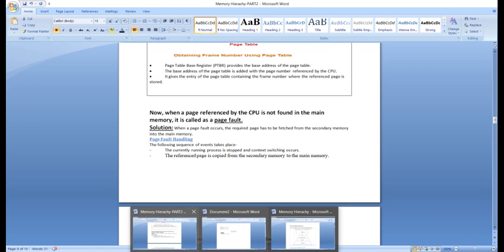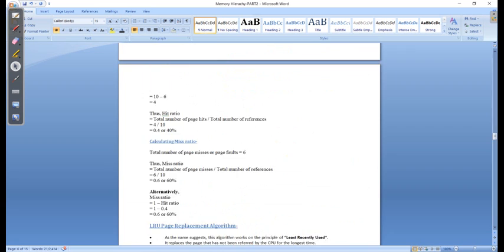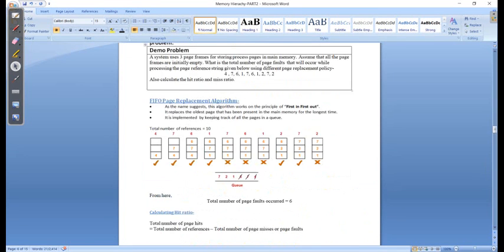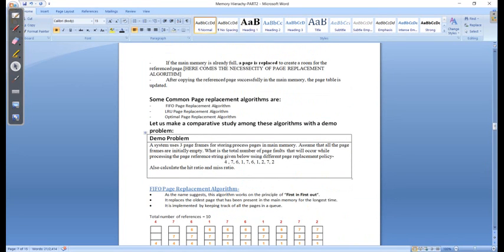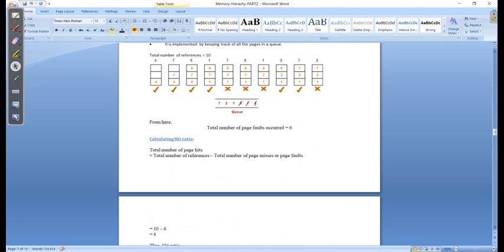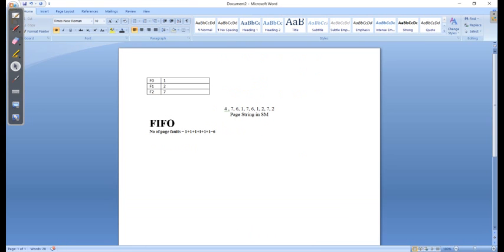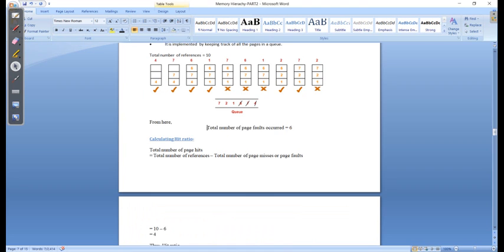Now let me move to the next part of the problem. The next part of the problem asks you to calculate the hit ratio and miss ratio. So from our discussion, we can conclude that the total number of page faults which occurred when our replacement method was FIFO is 6.